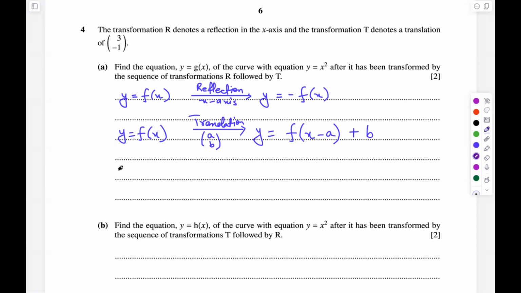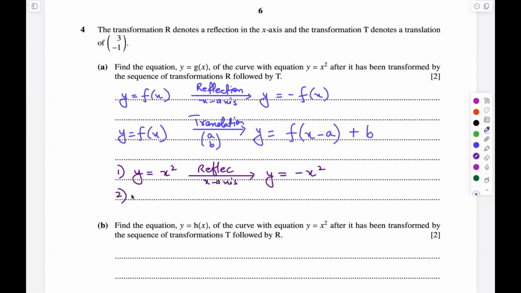So in our equation, the original equation is y equals x squared. As the first transformation is R, which is a reflection in the x-axis, this whole equation will be multiplied by a minus sign, and this will become minus x squared.